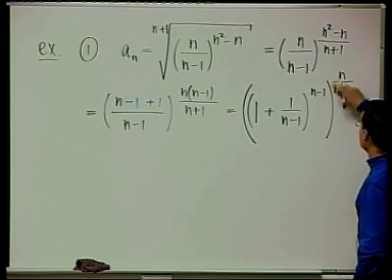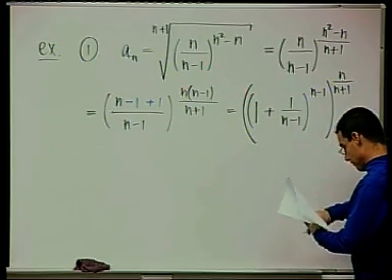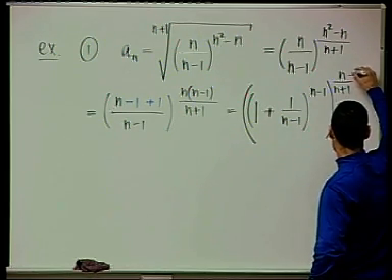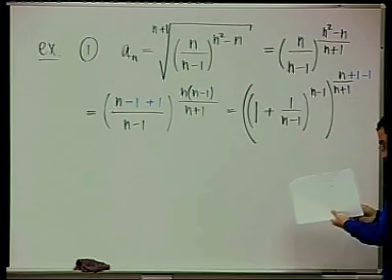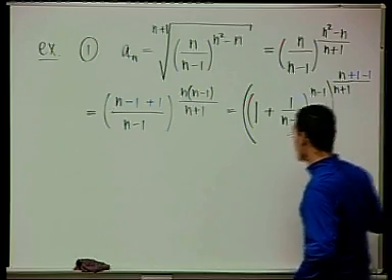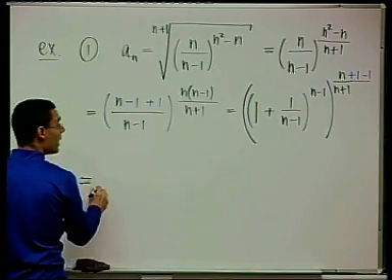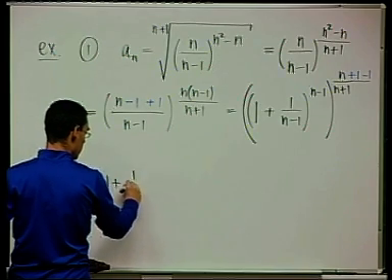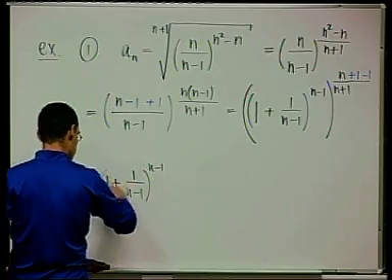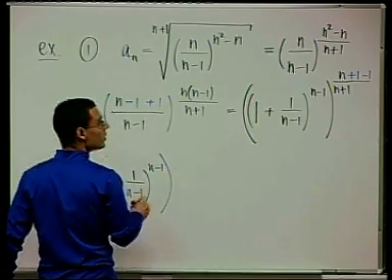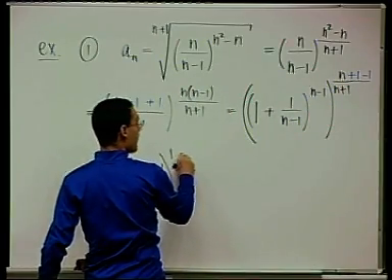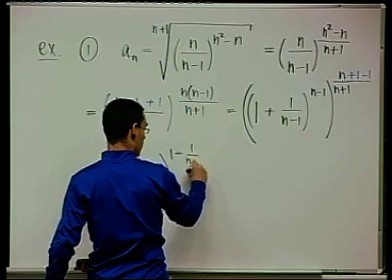And for this part, I'm going to do a plus 1 minus 1 trick here too, just so we see what's going on, and rewrite it now as 1 plus 1 over n minus 1, to the power n minus 1. All of this to the power (n plus 1 over n plus 1), which is 1 minus 1 over n plus 1.